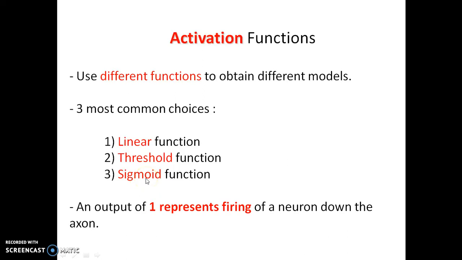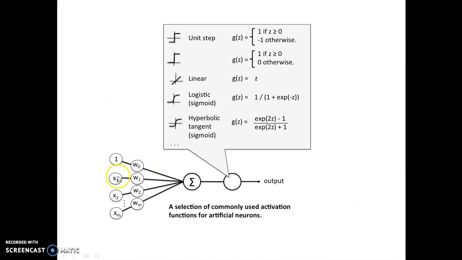The sigmoidal activation functions are again categorized into two: the binary sigmoidal activation function and the bipolar sigmoidal activation function. If you see the figure, x1 to xm are the input neurons, and w0 to wm are their corresponding weights.